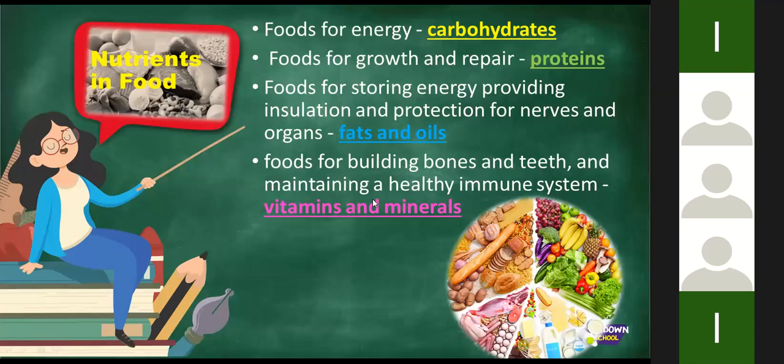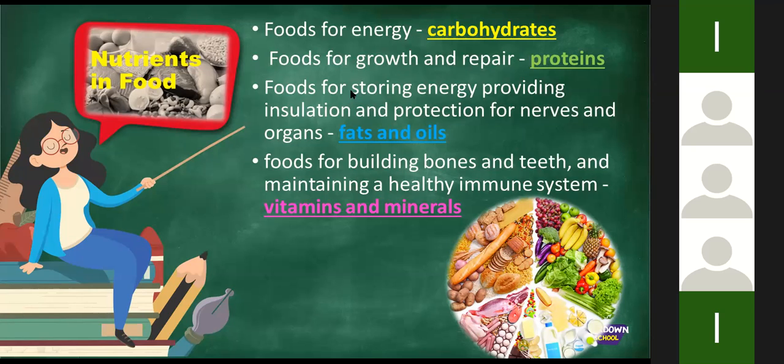All right, so vitamins and minerals, these are foods for building bones and teeth and maintaining a healthy immune system. You can give me some examples of vitamins and minerals. Carrots? Vegetables, yes, carrots, broccoli, spinach, fruit. Awesome, you all have a perfect idea of vitamins and minerals.